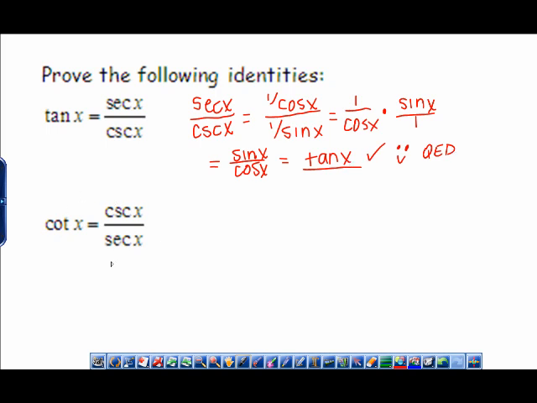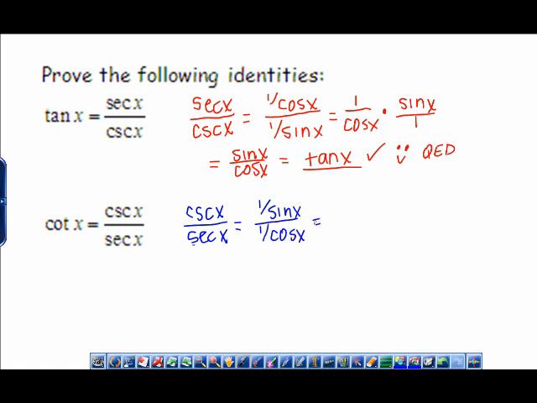If you think you can try the next one on your own, go ahead and pause and see if you can do that. It's a very similar proof. Let me switch up the color here. I'm going to start on the more complicated side just because that's going to be easier. I know that cosecant of x is 1 divided by sine of x. I know that secant of x is 1 divided by cosine of x.